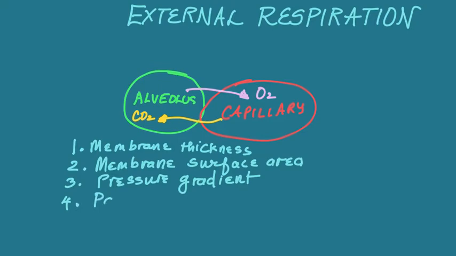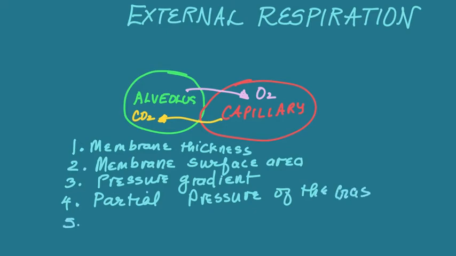The partial pressure of a gas increases the speed of diffusion. The greater the partial pressure of a gas, the greater the speed of diffusion. The solubility of the gas in water is also important. So the greater the solubility of the gas in water, the faster the speed of diffusion.